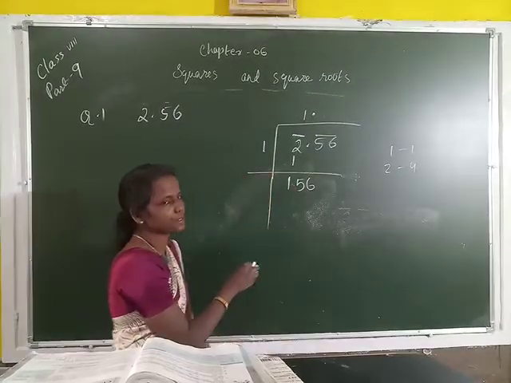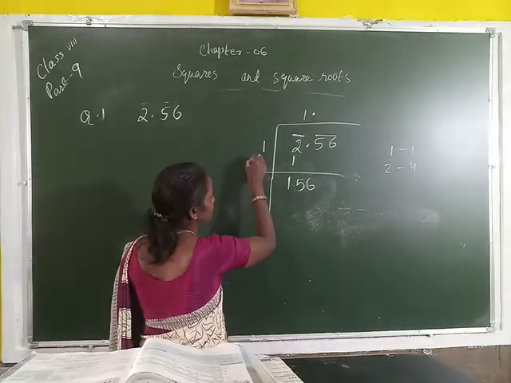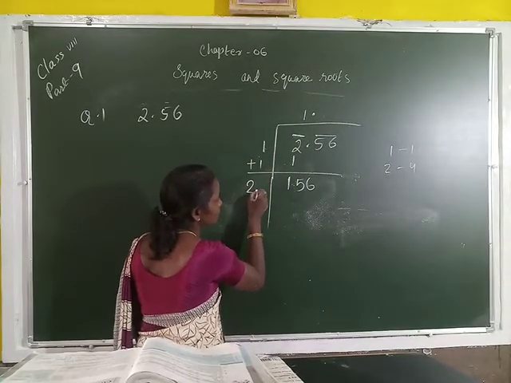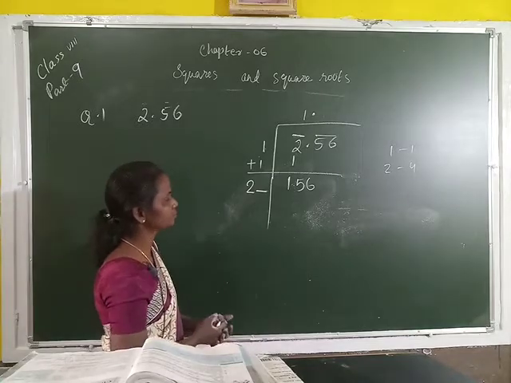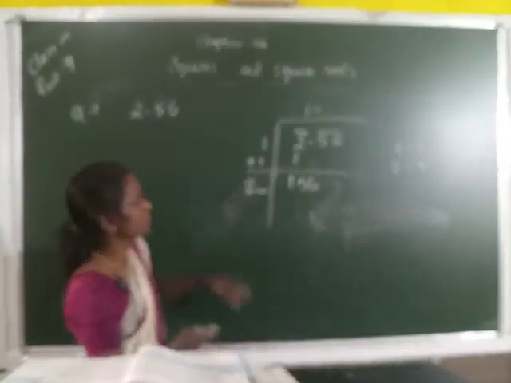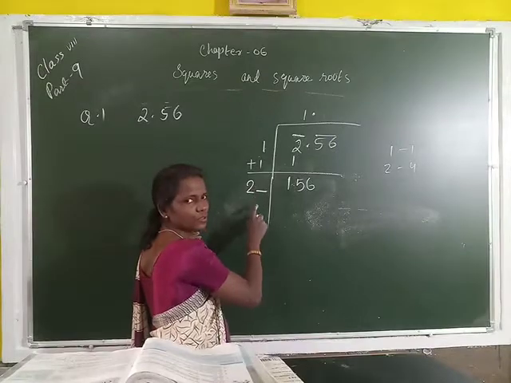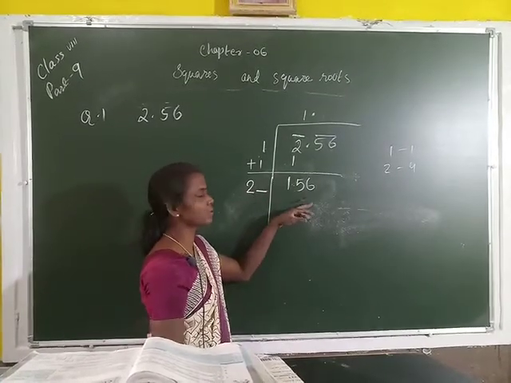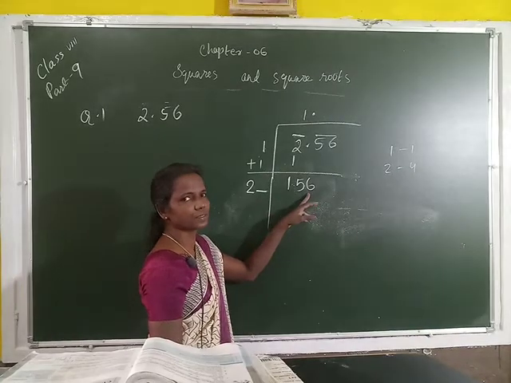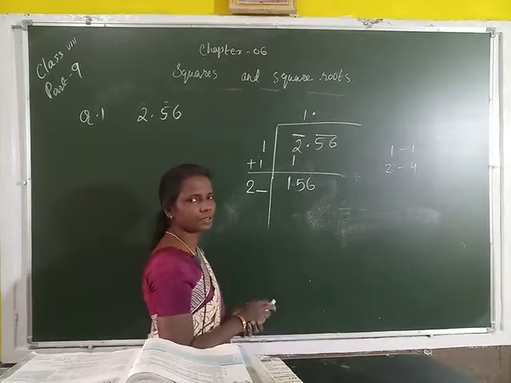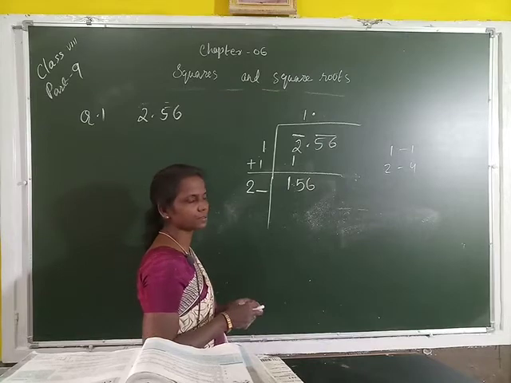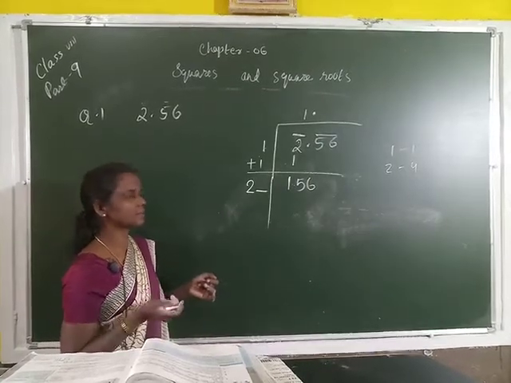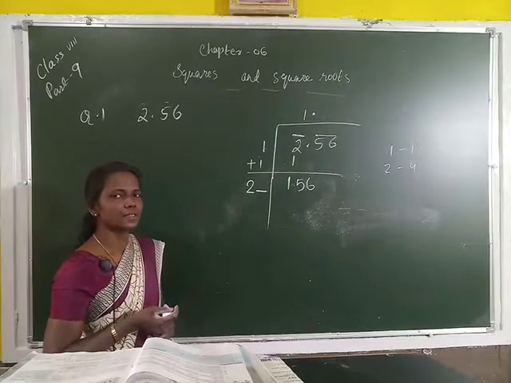Then what is the next divisor? Double of this divisor is 2. Then this blank space, which number will come? Which number do we write as the quotient? It goes on the right. The unit's place of the square here is 6, so the unit's place of the root will be 4 or 6.